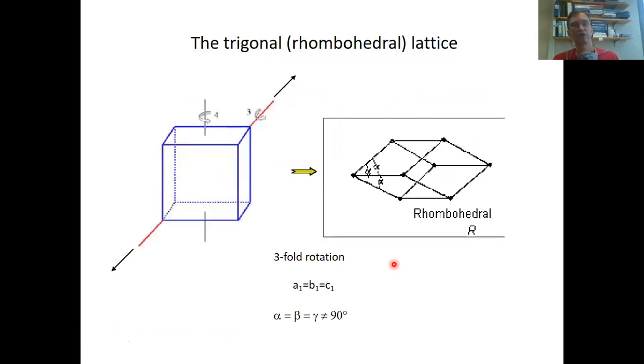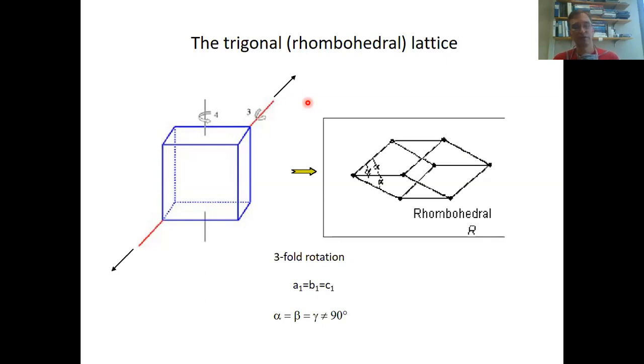Then what about the trigonal crystal system? It's also called the rhombohedral crystal system. In this case, only a primitive cell is possible. We cannot center that primitive cell because if we centered it, I would define a smaller unit cell.